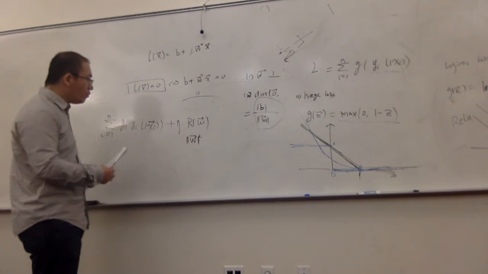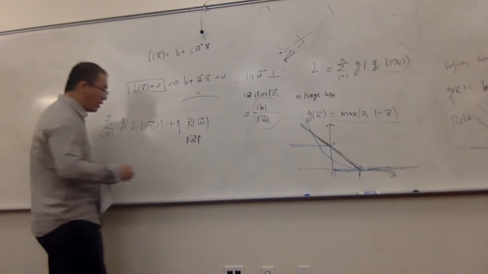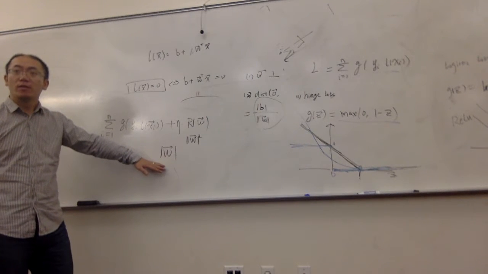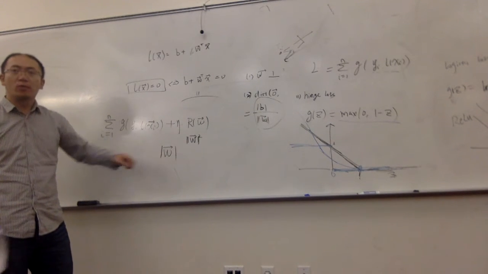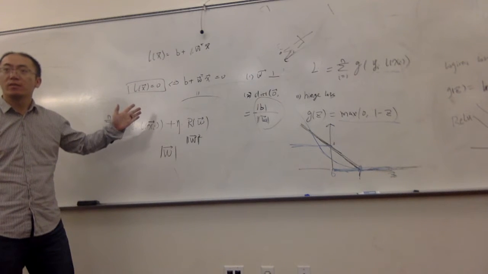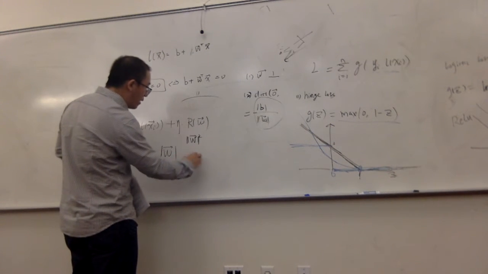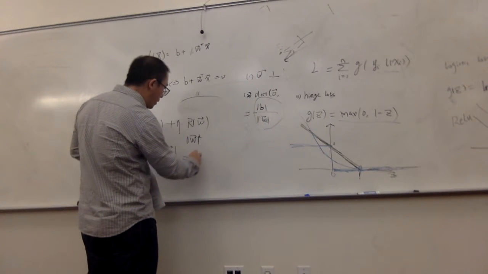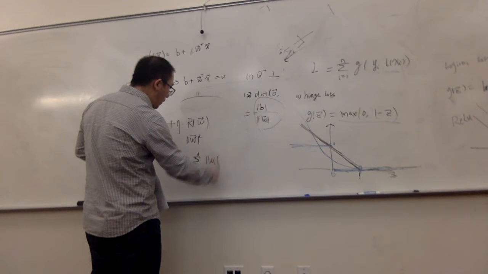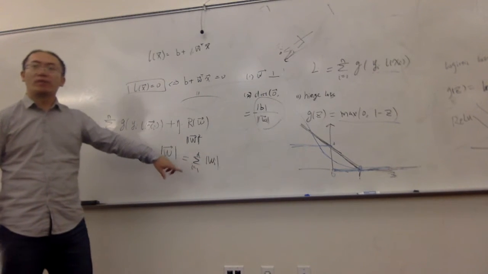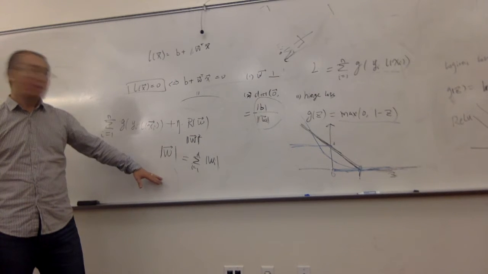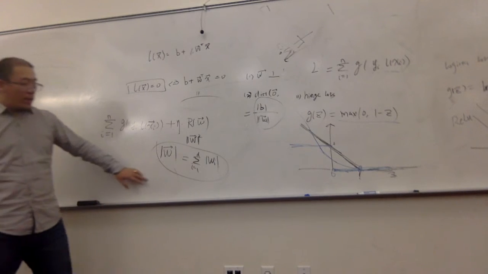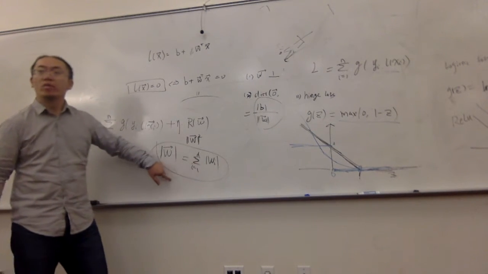The second commonly used regularizer is called the L1 norm, the absolute value of W. But someone may ask, what does it mean to take an absolute value over the vector of weights? Usually it is represented as a summation of all the absolute values of the weights. Suppose we have D features, then this is the summation of the absolute value of W1, the absolute value of W2, and so on up to the absolute value of WD. The benefit of adding this L1 regularizer is to encourage sparsity over the weight vectors.